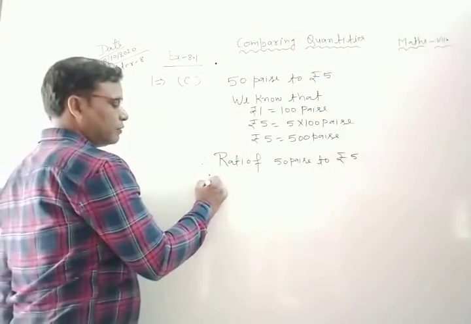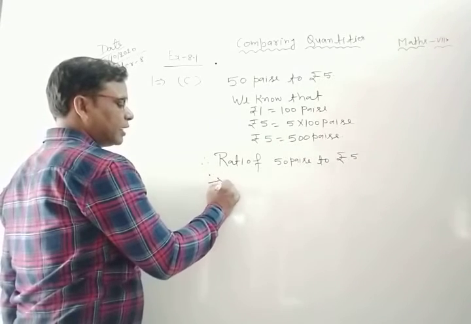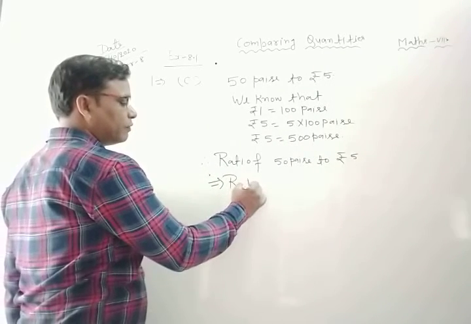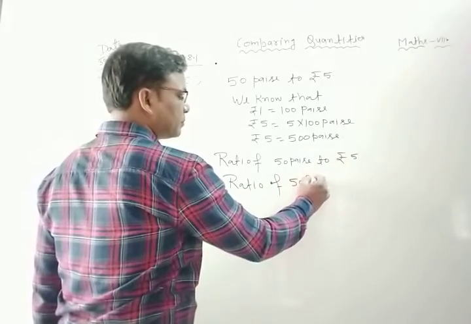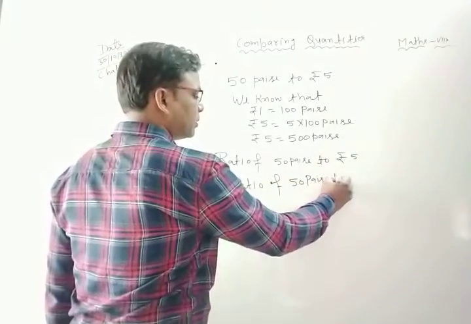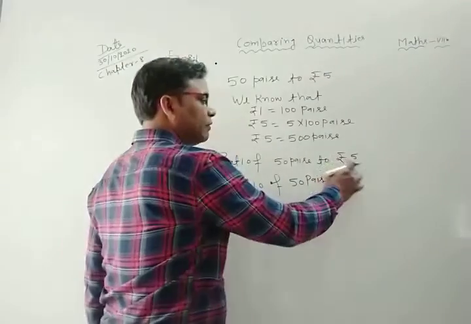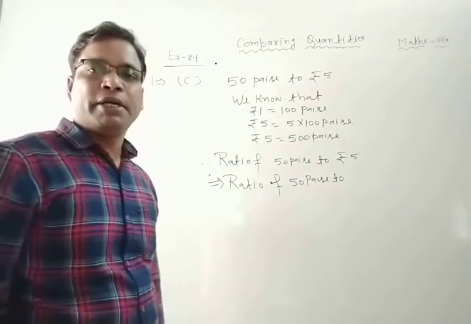So therefore we can write the ratio of 50 paise to, in the place of 5 rupees, we can write 500 paise.